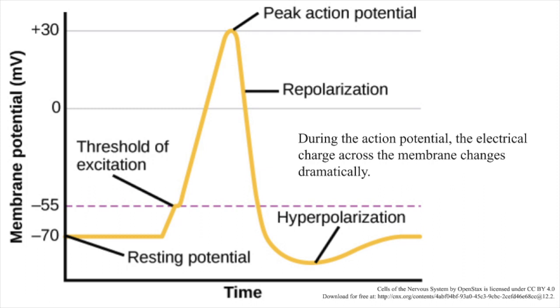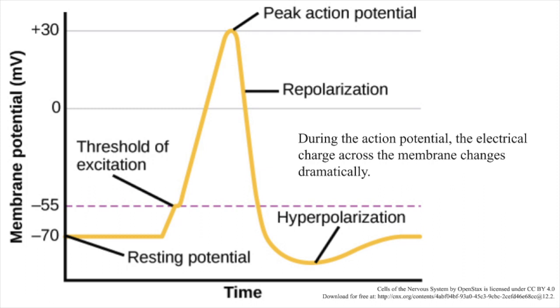If that charge reaches a certain level, called the threshold of excitation, the neuron becomes active, and the action potential begins. Many additional pores open, causing a massive influx of sodium ions and a huge positive spike in the membrane potential, the peak action potential.